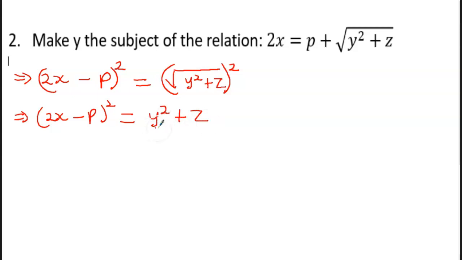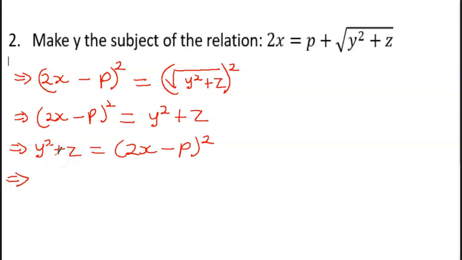Now we want to make y the subject. We can rewrite it as, bring y squared plus z is equal to 2x minus p all squared. We want to make y stand alone, but this guy is worrying him.